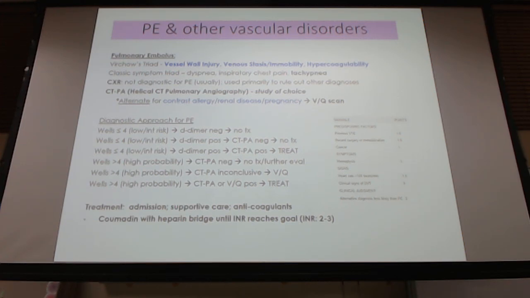Your job will be to, number one, decide how to evaluate it. But even before that, you're going to have to decide whether or not they're high risk or low risk by using this Wells score. So understanding that these are going to be our clues.